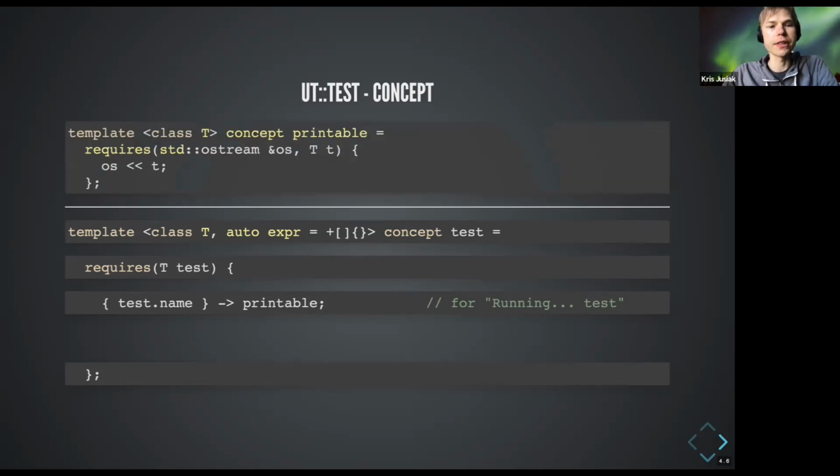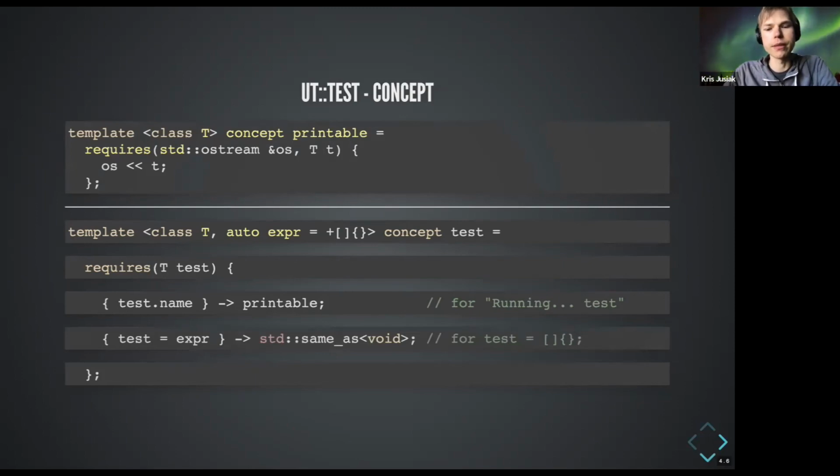This name has to be printable, and the printable means that we can just outstream it. And here we have a printable concept which requires outstream and the type, and just cout it to the ostream. We also want to be able to assign, as you see here on the right side, the test equals a lambda. This framework is lambda based.